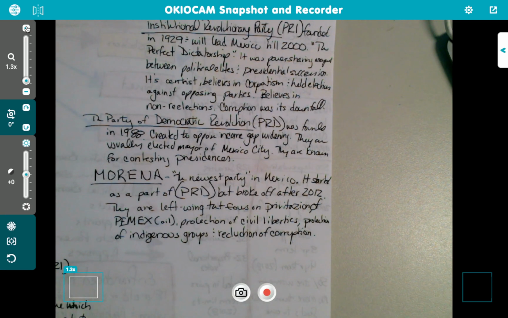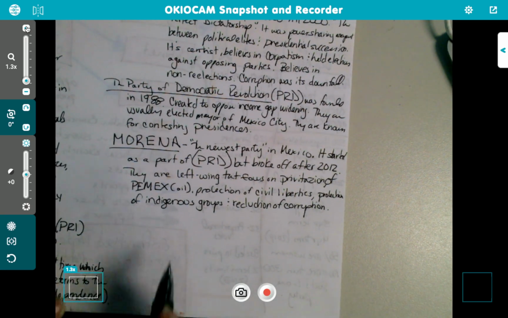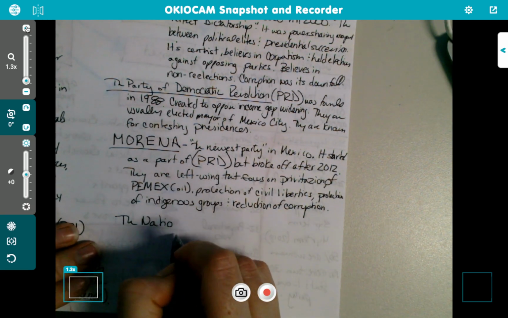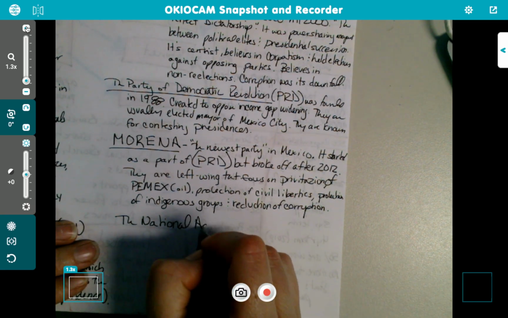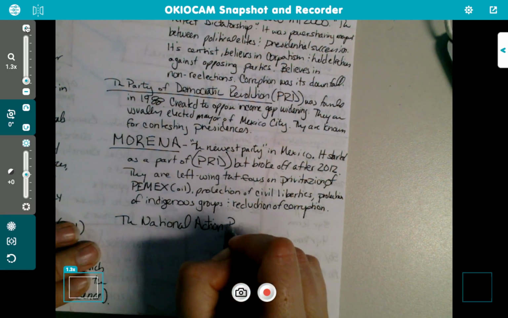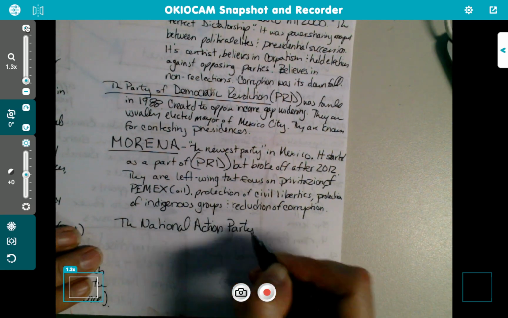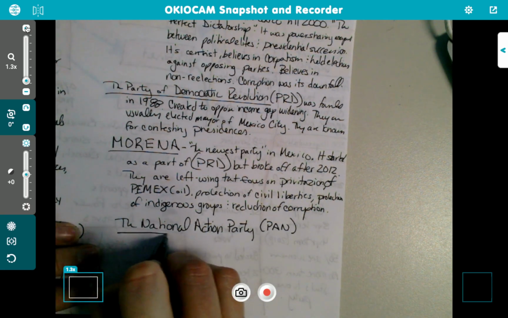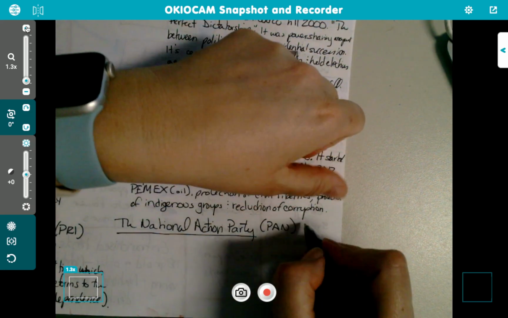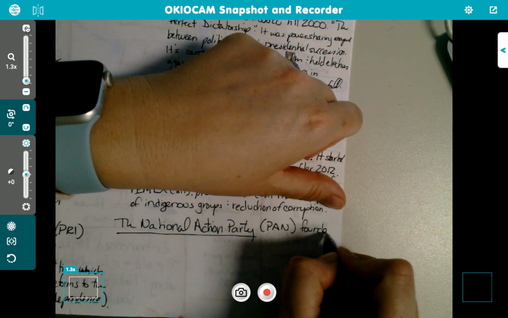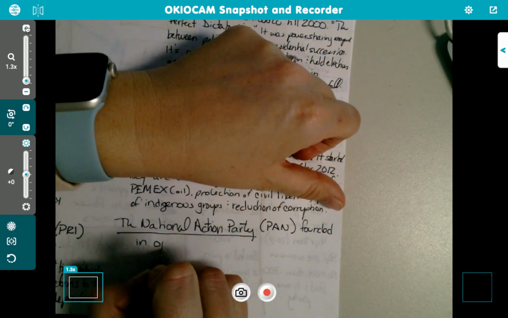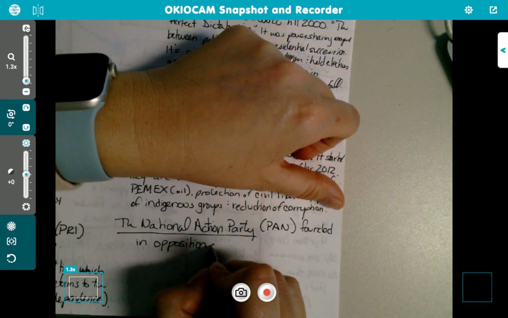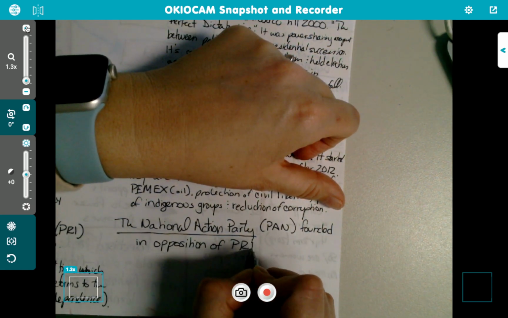And then your last group, which also is the smallest, is the National Action Party, which is known as PAN, P-A-N. It is founded in opposition of PRI.